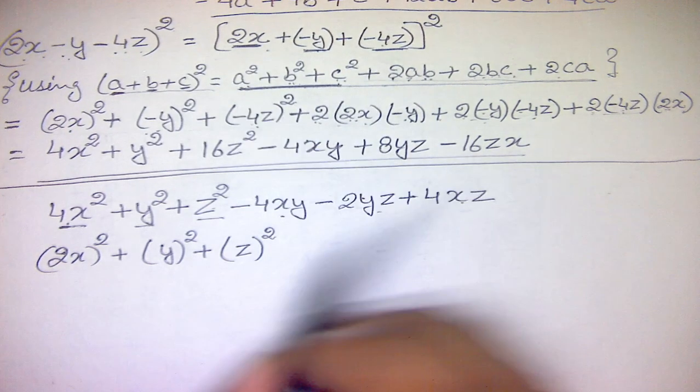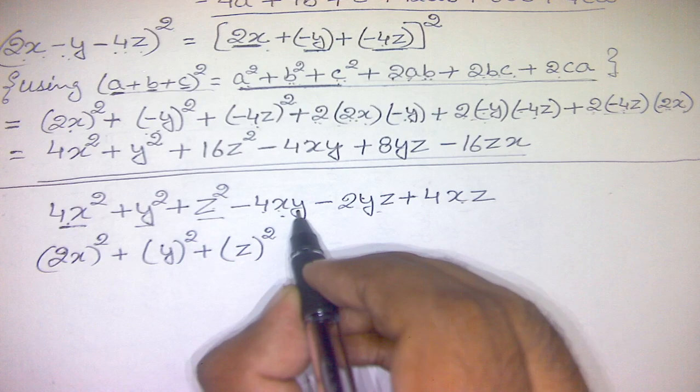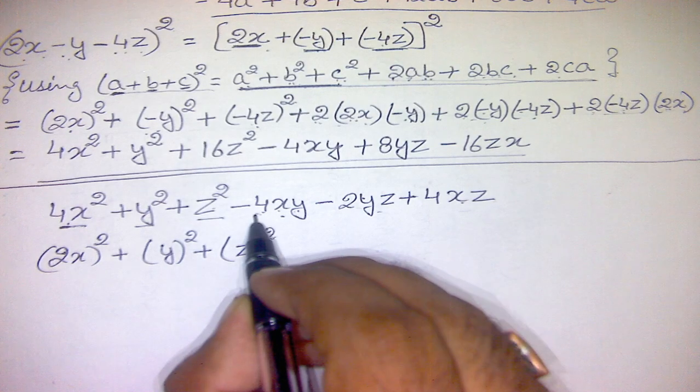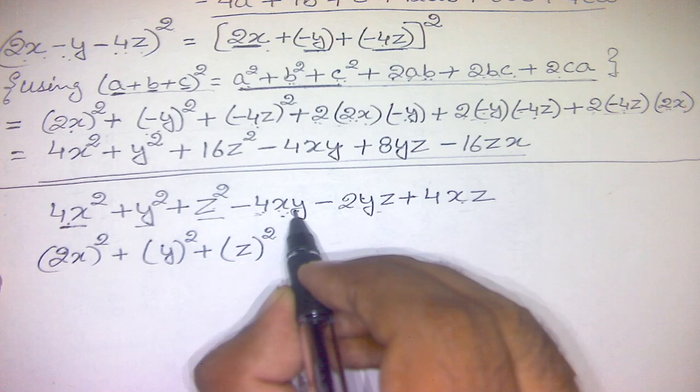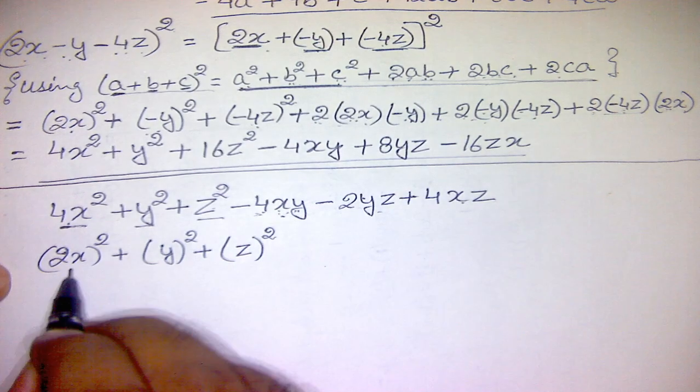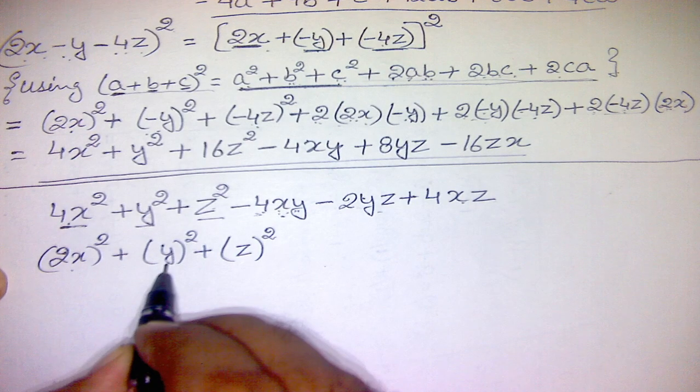So if you see 4xy, it is twice the product of 2x and y.